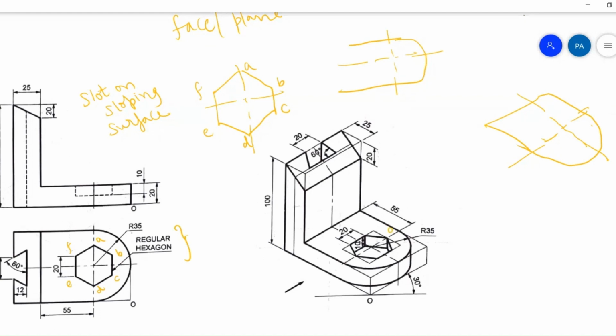A is coming here. Understand? A, then B is coming here, C, D, E, and F. Is there any student who has any confusion on the naming of this hexagon? As the naming was here, I did the same here, and the same I drew here. Hope the naming is clear to all of you.